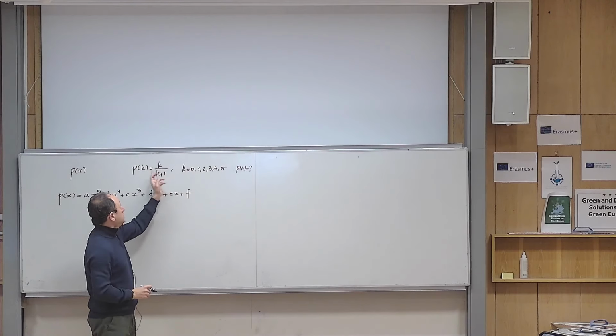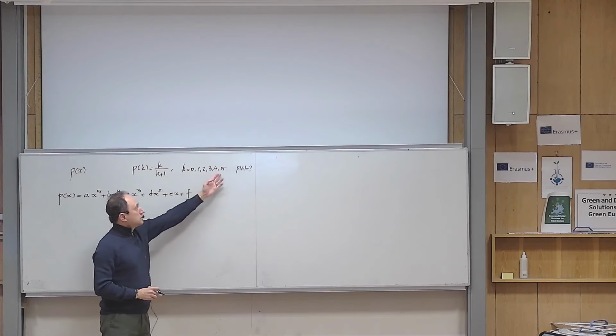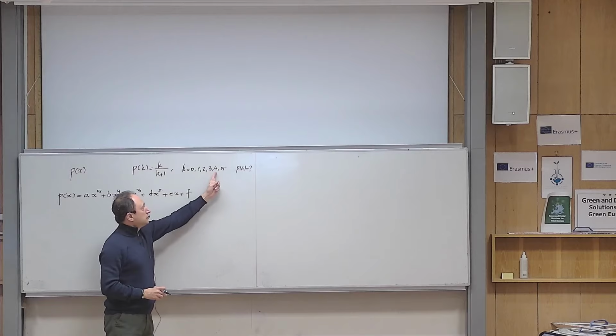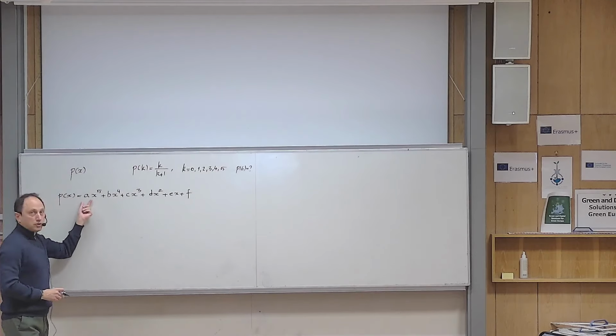I know what p of 0 is. It is 0 over 0 plus 1. I know what p of 1 is. It is 1 over 1 plus 1. I know what p of 2 is, and so on. 6 pieces of information, 6 unknowns.